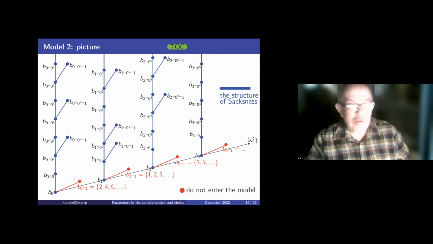From them, we cannot define any real by a parameter-free formula. And actually, in this construction, we can check that really the parameter-free comprehension holds.